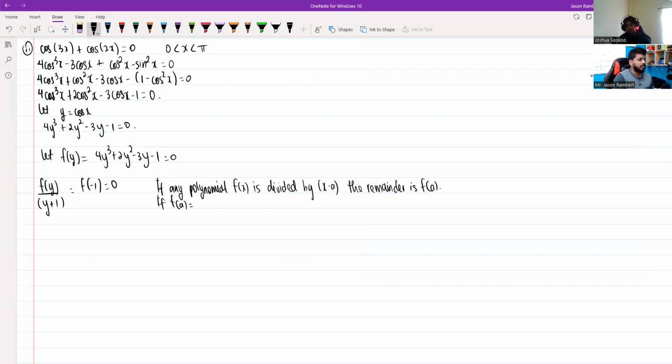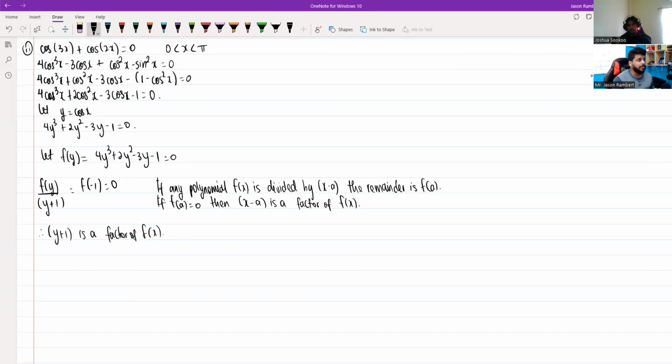If f of a is equal to 0, then x minus a is a factor of f of x. So I can say, therefore, y plus 1 is a factor of f of x.